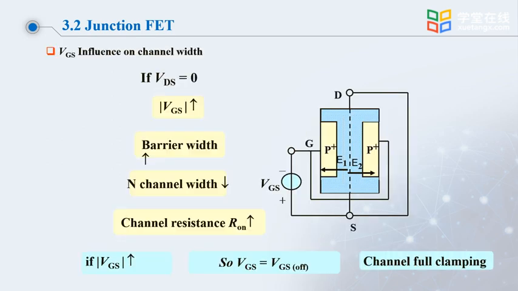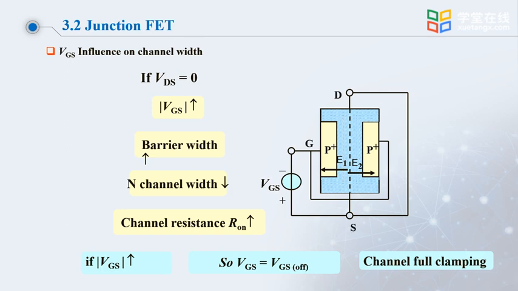If the external circuit changes the voltage between the grid and source, while it remains less than 0, we find that the reverse bias between the grid and the source is enhanced. The width of the generated space charge region increases.